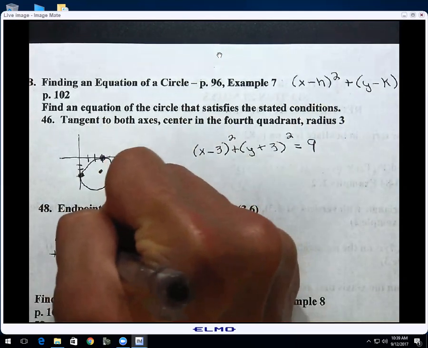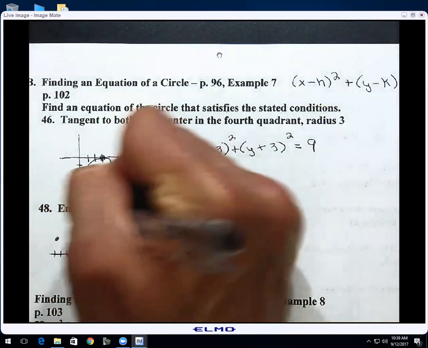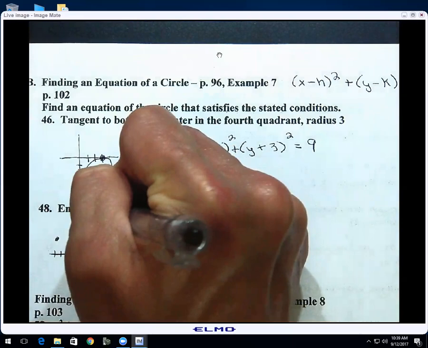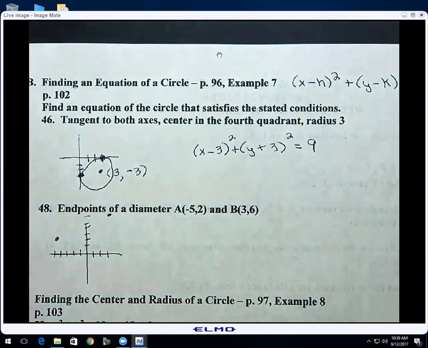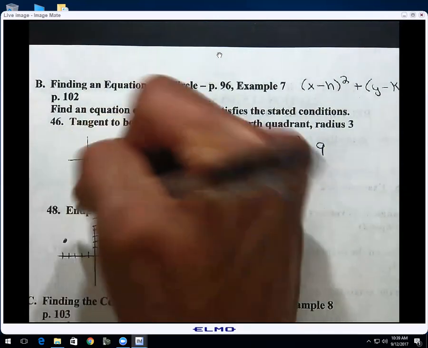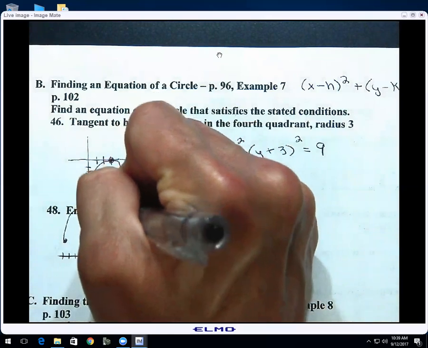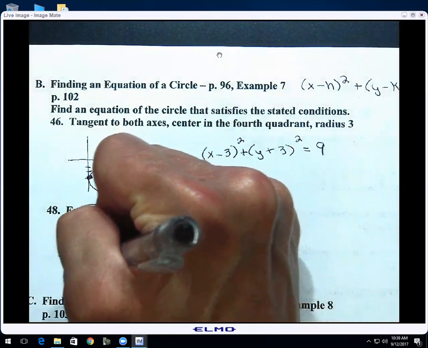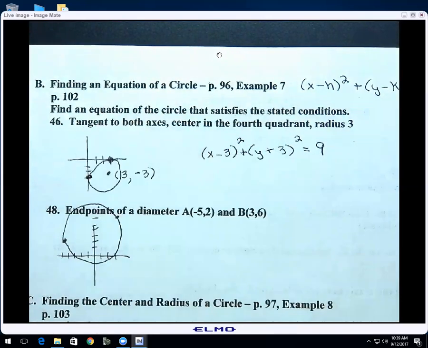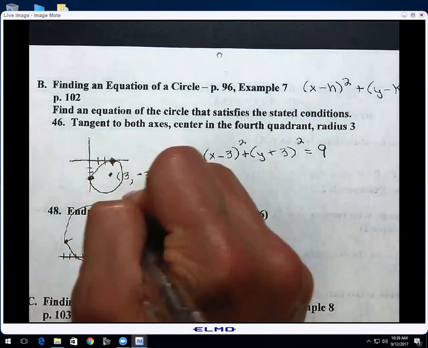B is 3, 6. And if that's endpoints of a diameter, this is going to be a bad one, I can tell. Not as bad as I was expecting. That's my diameter.